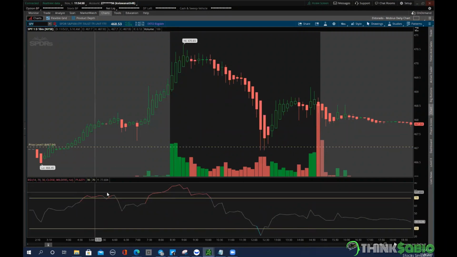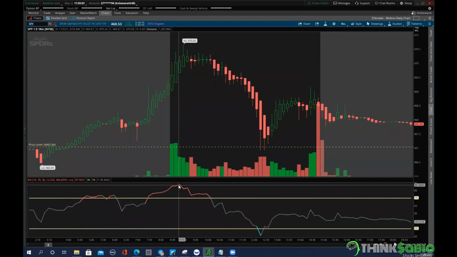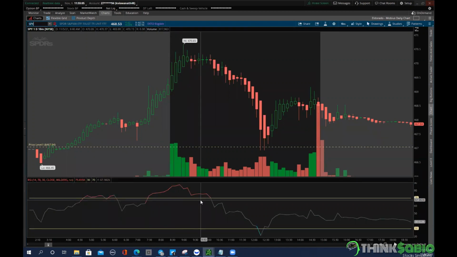The problem is it can actually go sideways like this. SPY can stay here and then go up. You might think, okay, as soon as it hits 100, I'll go short. No, the RSI actually goes sideways in the upper band, and the price will go up and up and up.